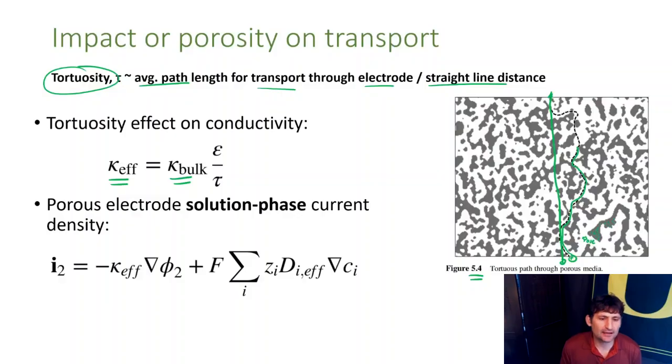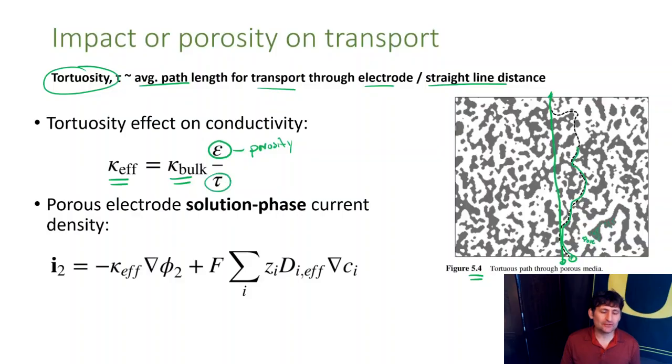You have to scale that conductivity by two factors. One is the porosity. This is simple. If I have half my porous electrode filled with solid, I only have half as much volume for transport of ions. So the effective conductivity of ions is half of what it would be in the bulk.